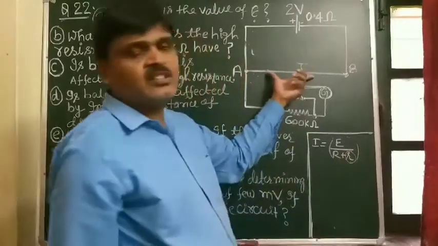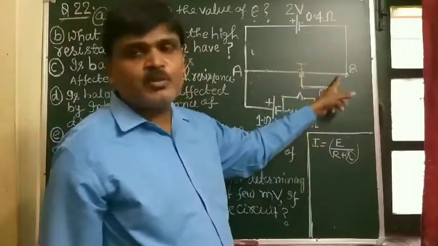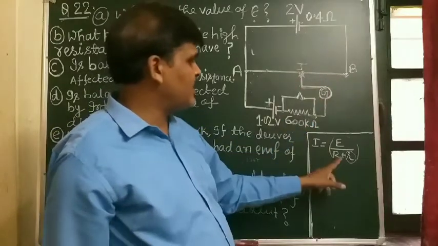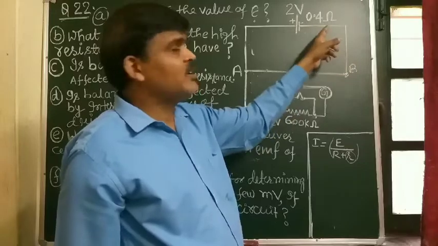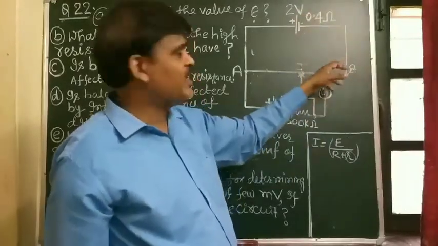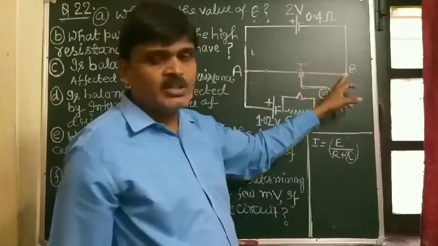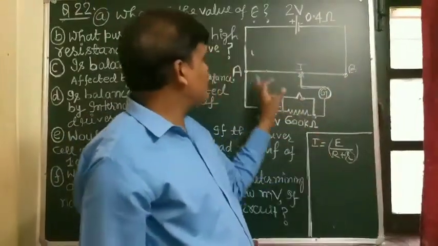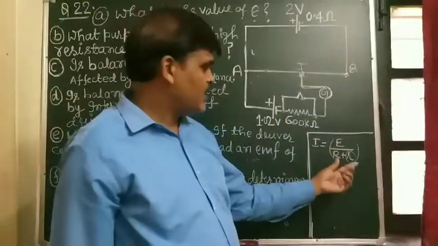The total resistance of the circuit increases. By connecting a small resistance, 0.4 ohm, in the form of internal resistance in series with the potentiometer wire, the current flowing through the potentiometer wire AB decreases.